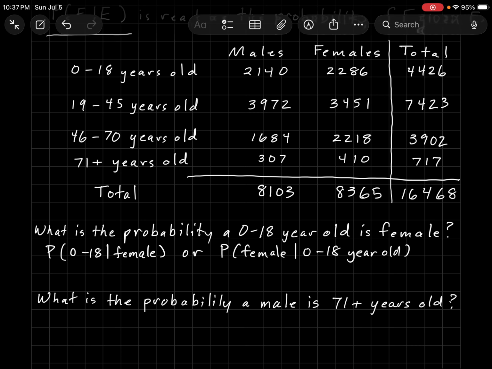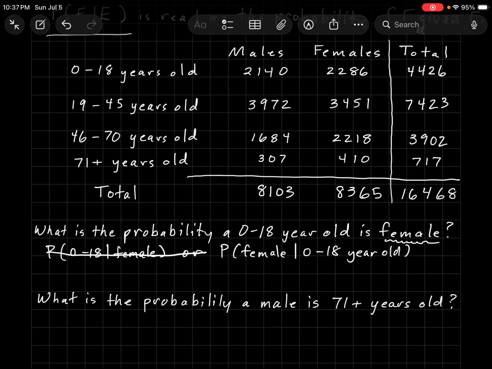The probability a 0 to 18-year-old is female. Okay, so we're trying to find out female, right? And what do I know about this female? Well, I know that the female is between 0 and 18 years old. So the correct way to write the notation would be the second one: the probability of finding a female given 0 to 18 years old, because I already know that the person is 0 to 18 years old.